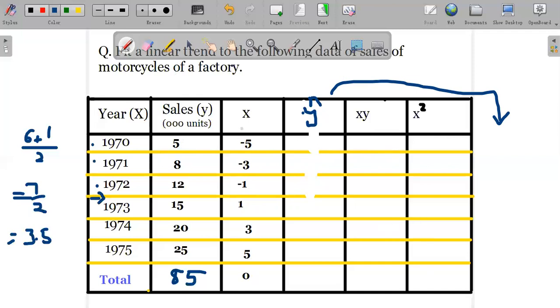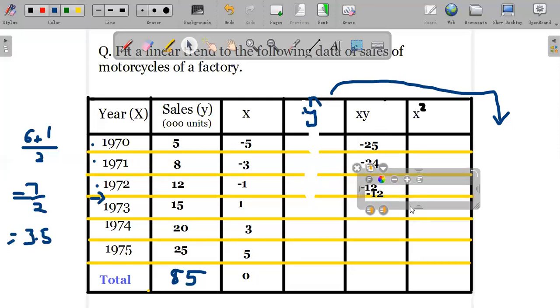Minus 25, minus 24. Minus 12, 12 into minus 1 is minus 12.